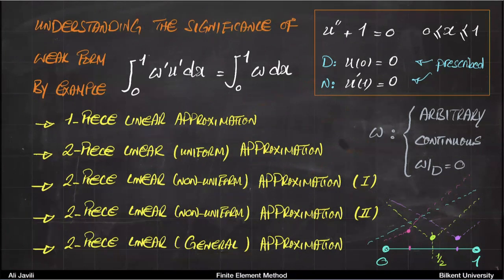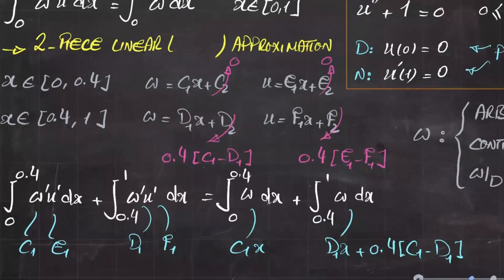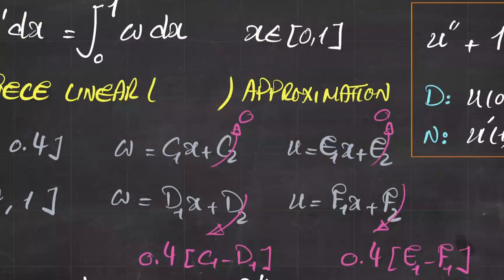I start from what we just had for 0.4. But I don't want to do this non-uniform approximation. Well, it is also non-uniform, but here the word is generic.